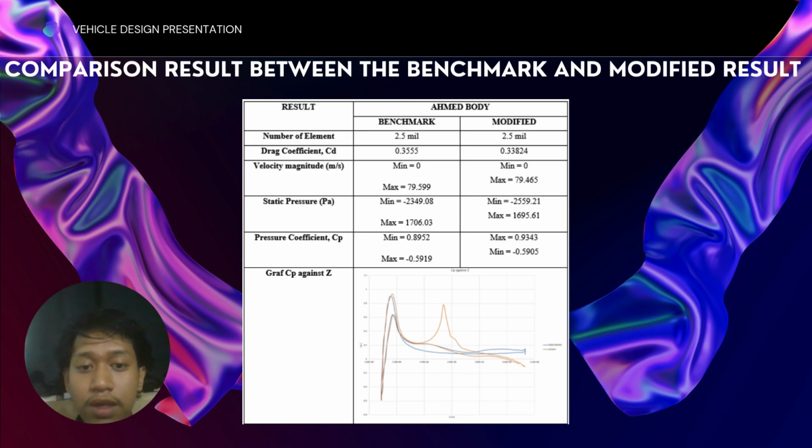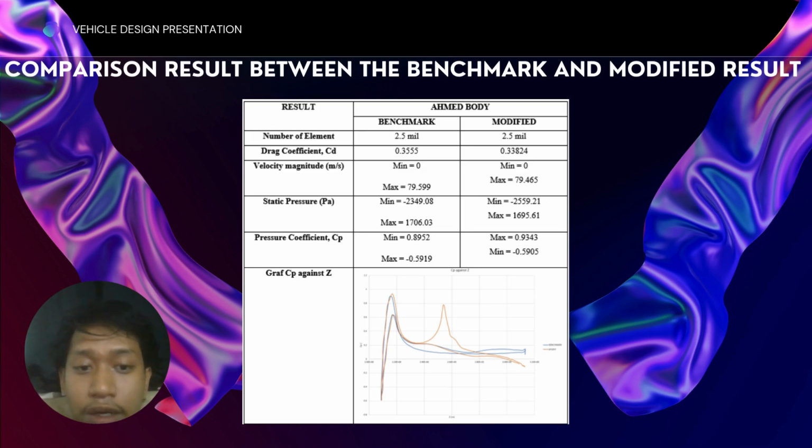The modified one has the lowest drag coefficient, which is 0.33824, and the velocity magnitude also, the modified one has the smallest value, which is 79.465, and the benchmark has 79.599. And the static pressure, also the modified one is less than the benchmark one.